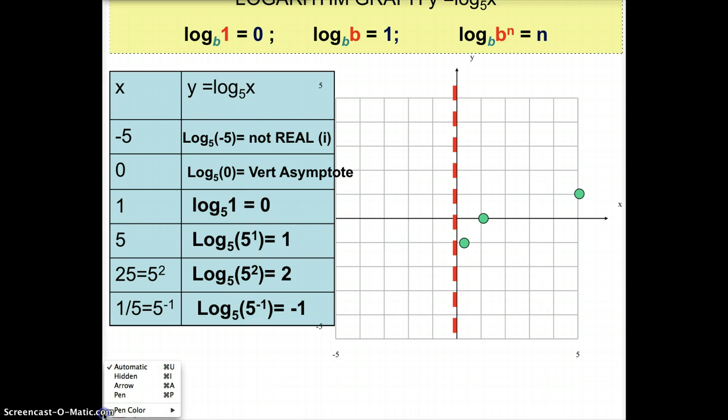So again, if I was drawing a graph of this, it would look something like this.